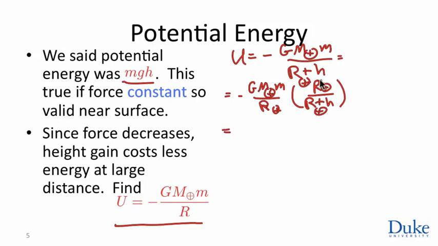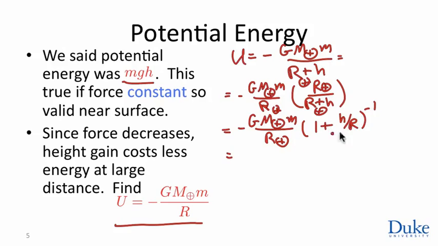And again, I divide numerator and denominator by r to get minus G M m over r times 1 plus h over r, inverse. And another opportunity to apply Newton's formula. a is negative 1, x is h over r. If your altitude is significantly smaller than the Earth's radius, then Newton's formula applies. That replaces this by 1 minus h over r.